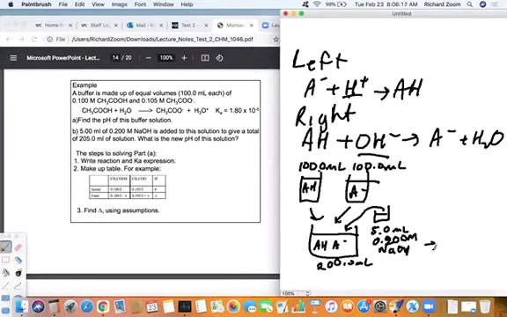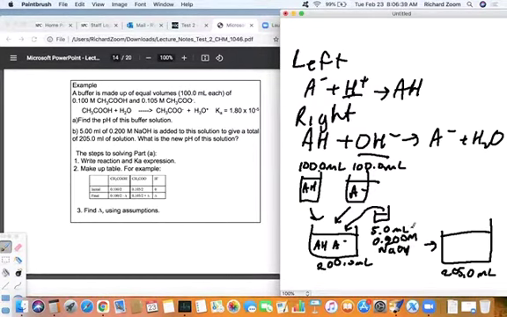Now this, of course, will lead to 205.0 mils of solution.